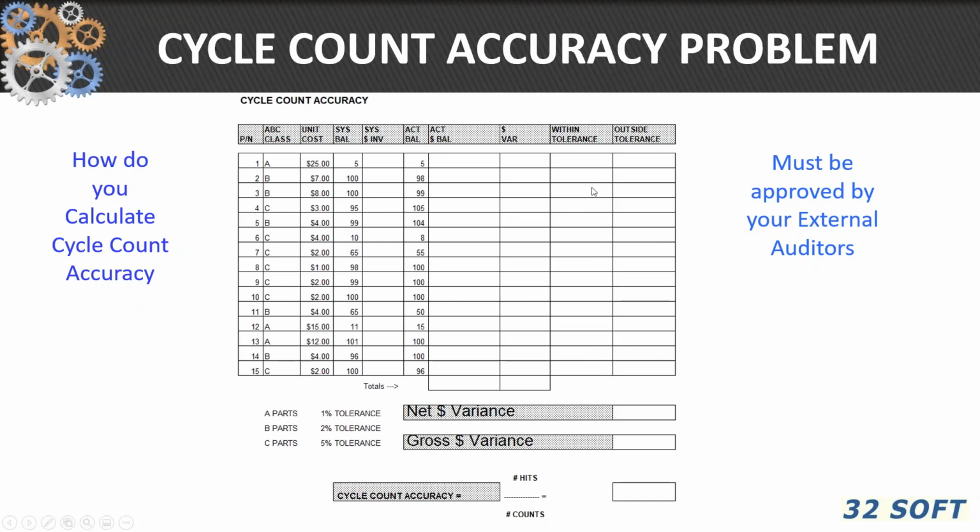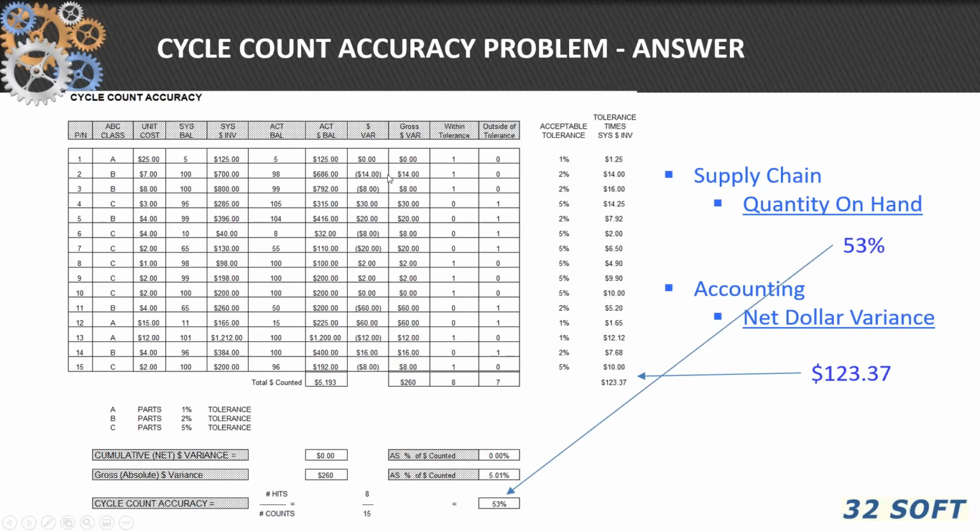I've seen dozens of these kinds of calculations where you take the system, the actual count, calculate your variances, and then just basically keep track of whether you're inside or outside of tolerance. So once you get all of your activity, you simply run this analysis of what your accuracy is, and you come up with, in this particular case, a 53% on-hand accuracy.